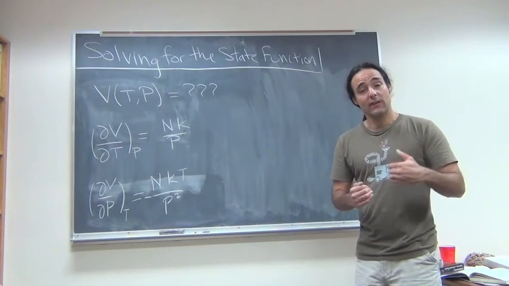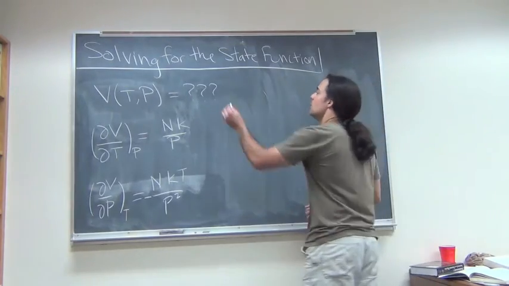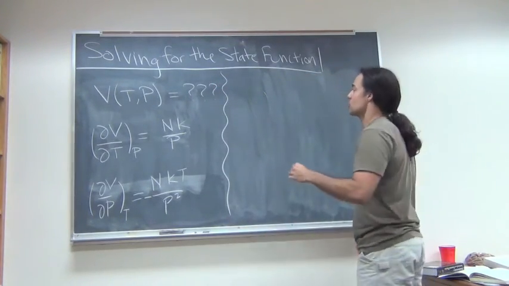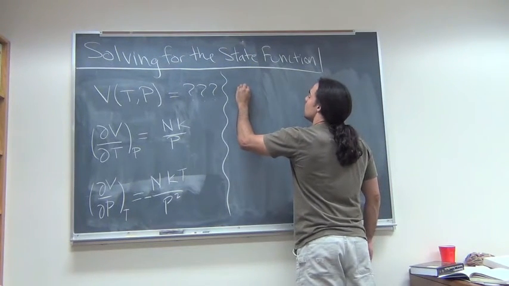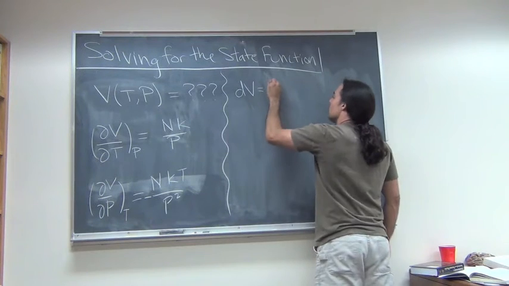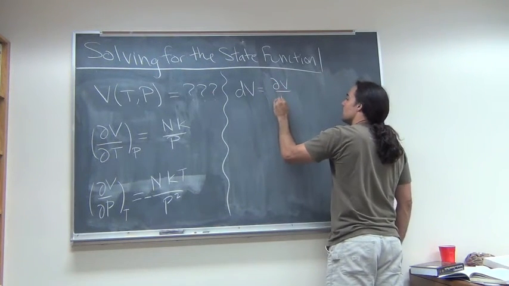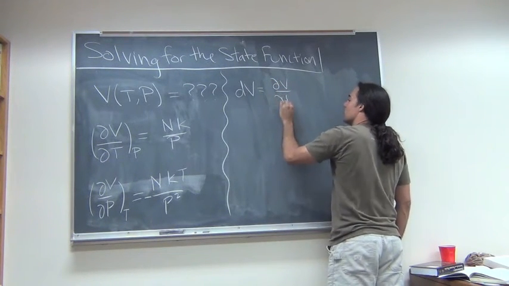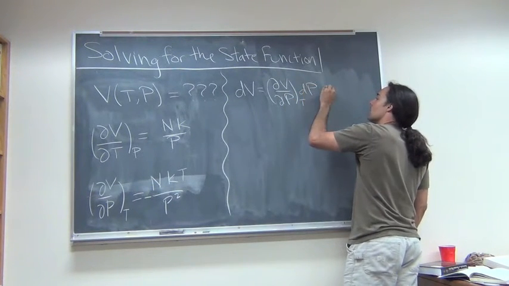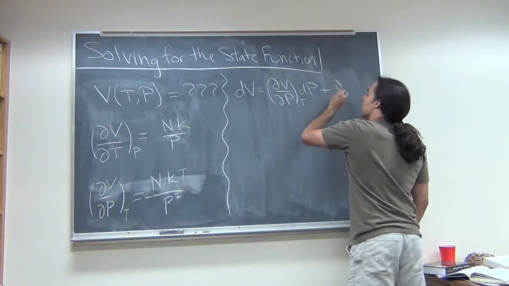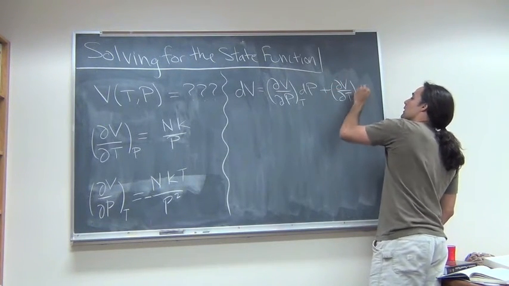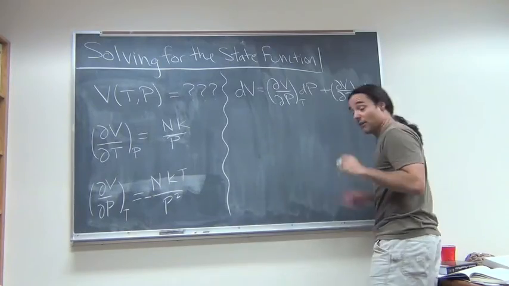It turns out this is enough information to solve the problem. All I have to do is write down my exact differential. I have dV equals the partial derivative of V with respect to P at constant T, dP, plus the partial derivative of V with respect to T at constant P, dT.